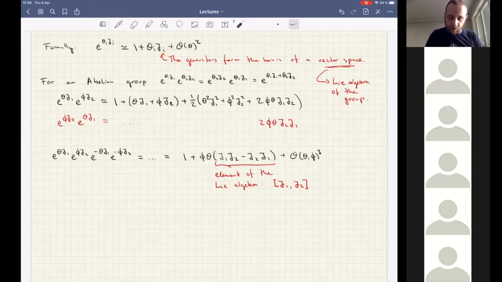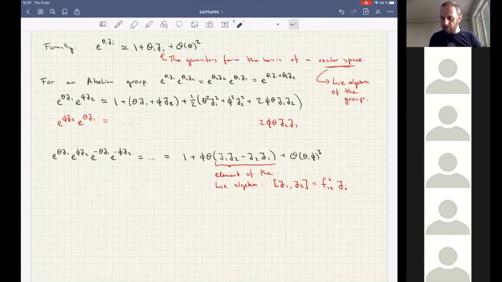So in general, you will be able to express this as some constants that will depend on 1 and 2, and then with an i, and then times Ji, because since it is an element in the Lie algebra, it must be expressible as a linear combination of the generators of the Lie algebra.